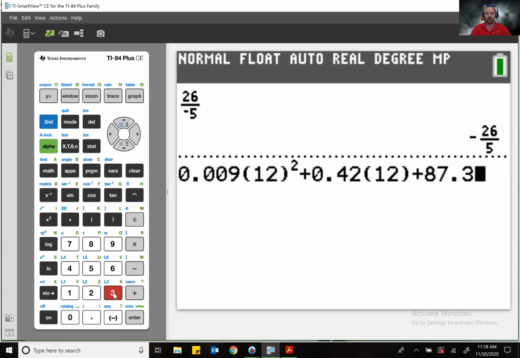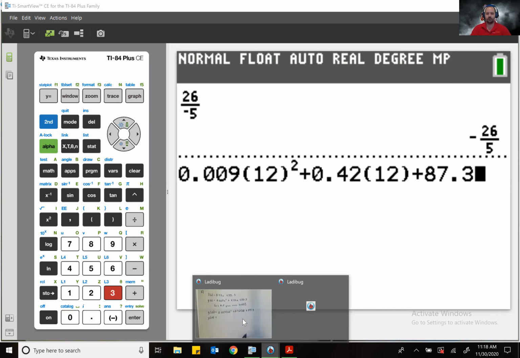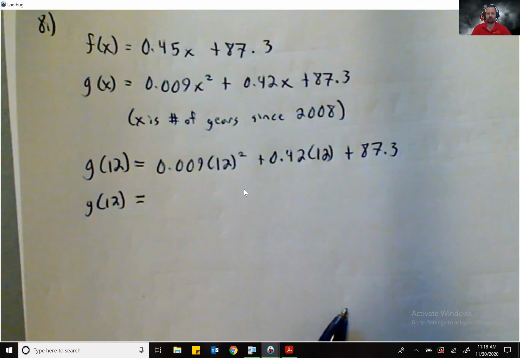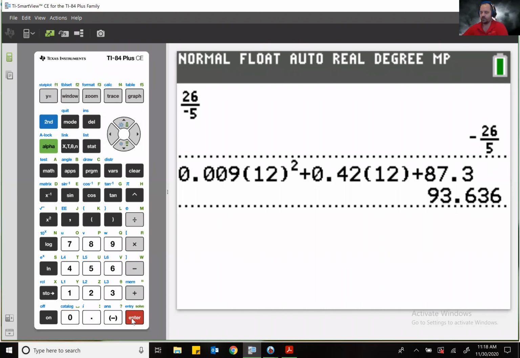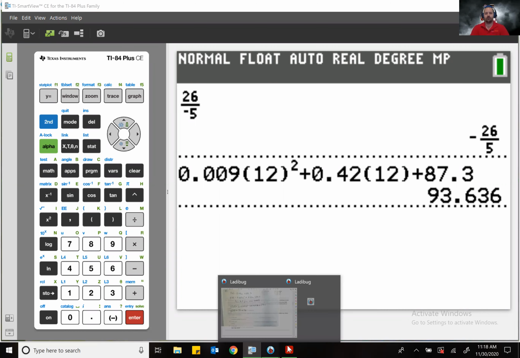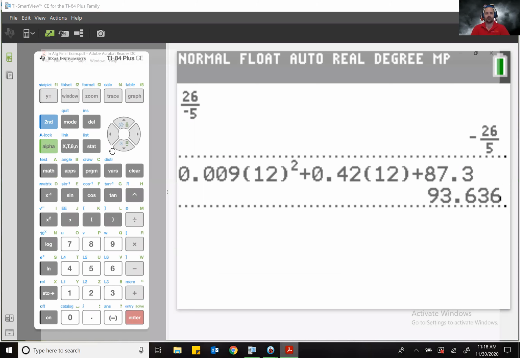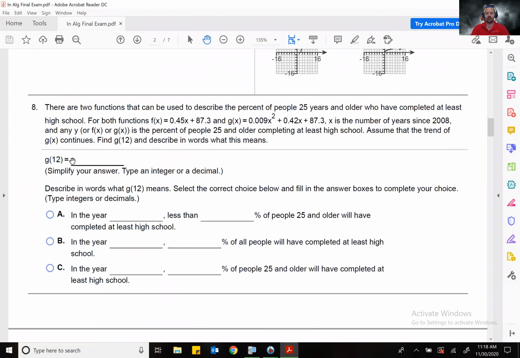That is the same way I wrote it on my piece of paper. See? Looks the exact same. Just hit enter, and there's our answer. 93.636. So we now know the first answer, 93.636. Now it says describe in words.